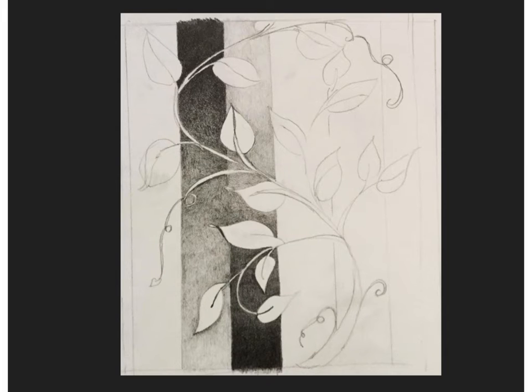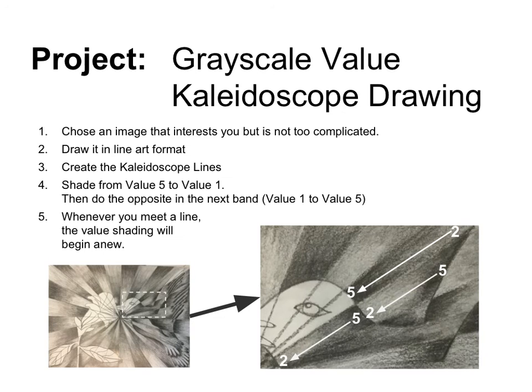Now that we've looked at the project details, let's again go over the expectations. We're going to choose an image that interests you, but it's not too complicated. And this is what's called an original image. No SpongeBob here, people. Draw it in line art format, which means no shading.